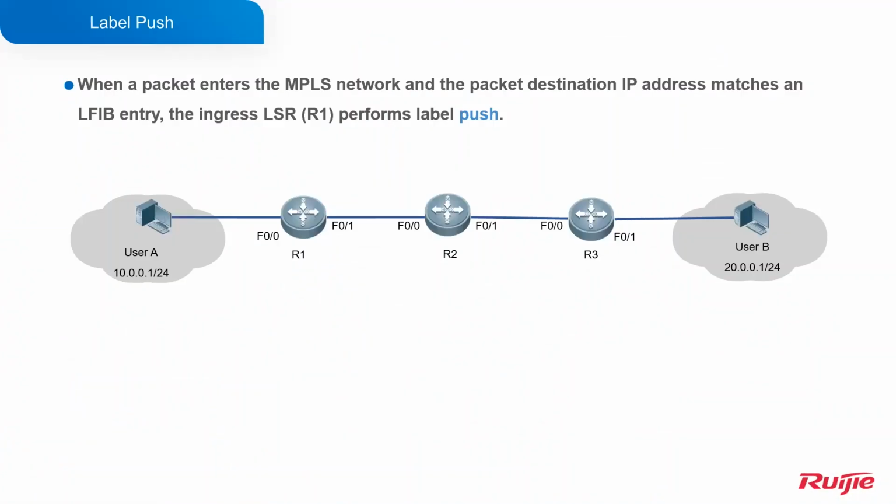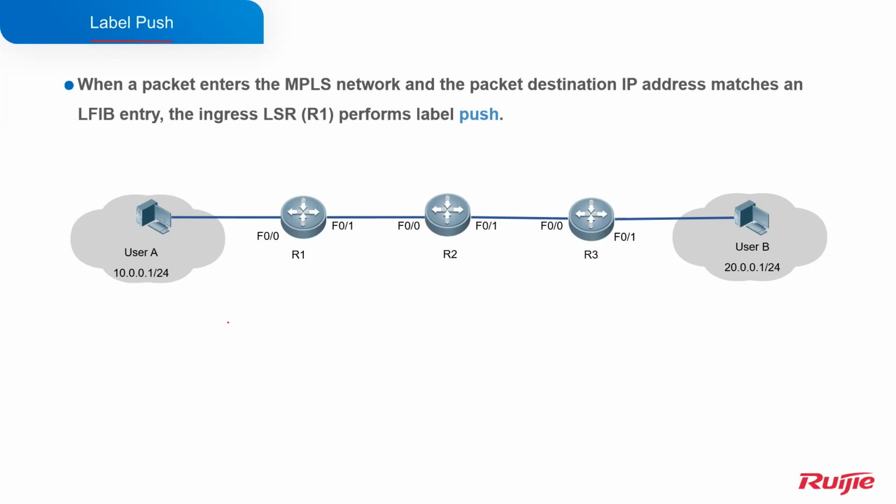Okay, now let's see one example of how to operate on the message. One action for the label is push. Push means if we receive a packet without any label, then we have to add the label, and this action we call push.